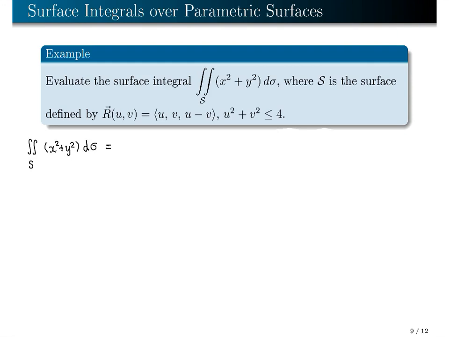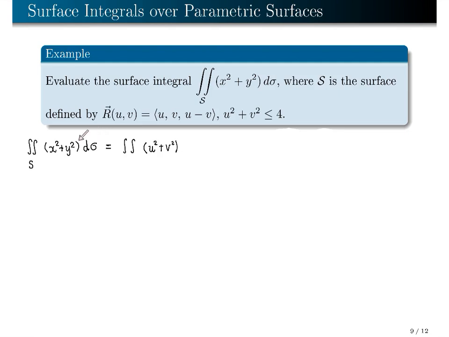For that, we have the double integral of, first we need to express x squared plus y squared in terms of the parameters u and v of surface S. Since x is equal to u and y equals v, we have x squared plus y squared to be u squared plus v squared.